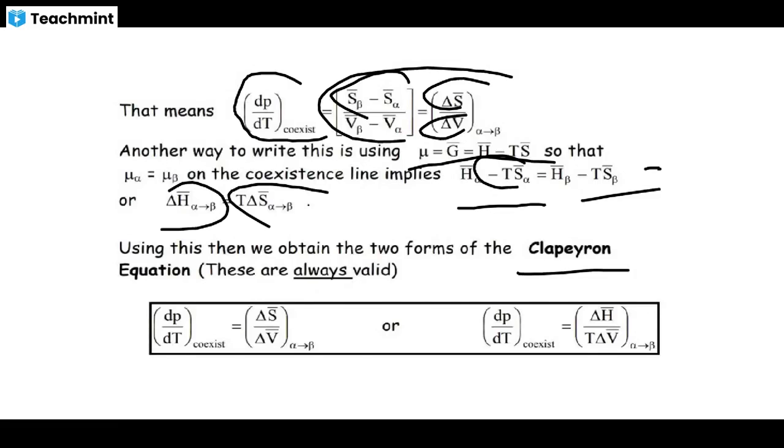So this is very important. dp by dt at coexistence is equal to delta S by delta V, or delta H by T delta V. These two equations are very important.